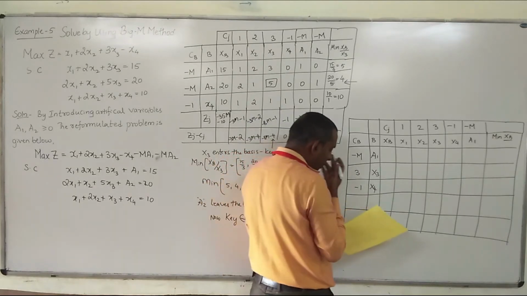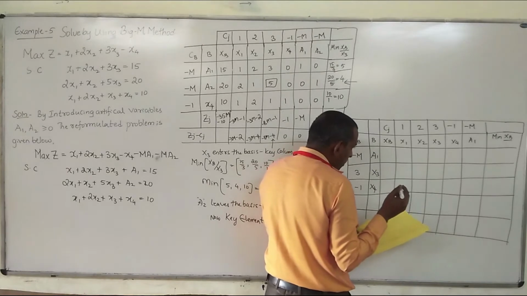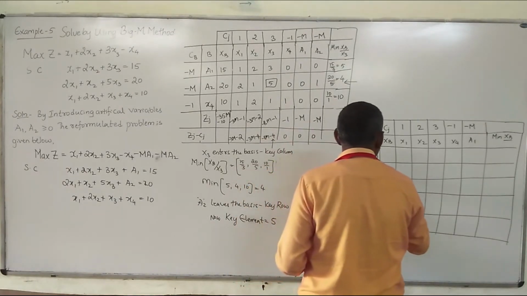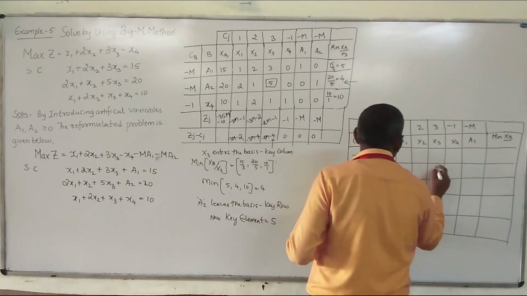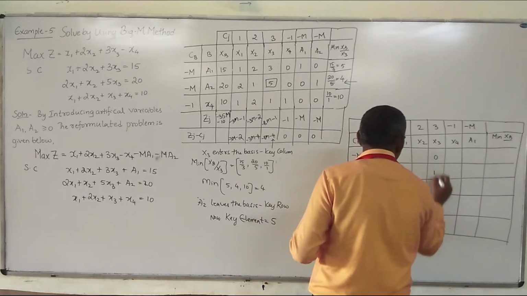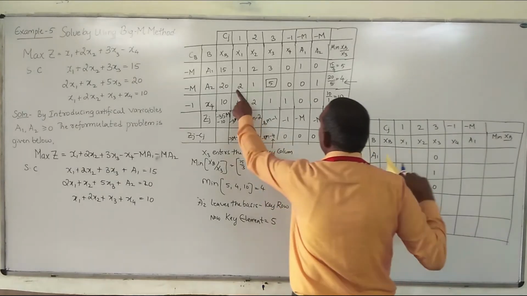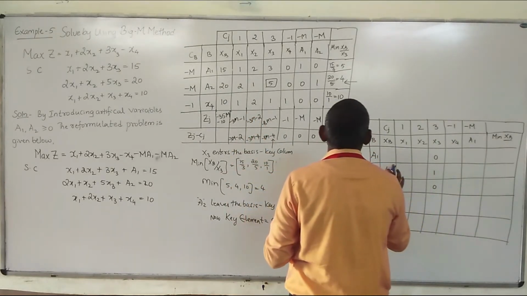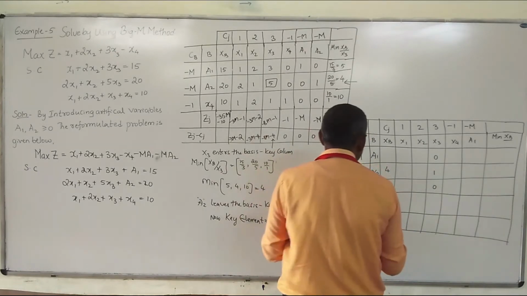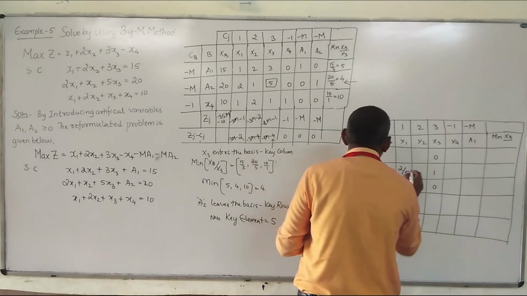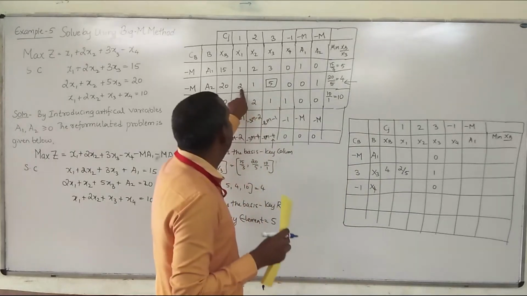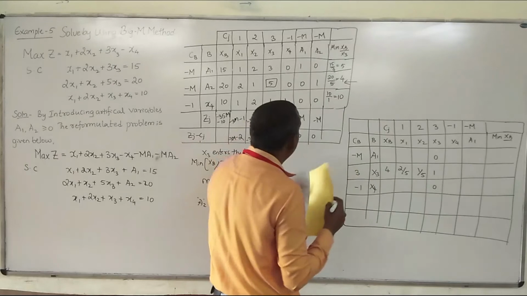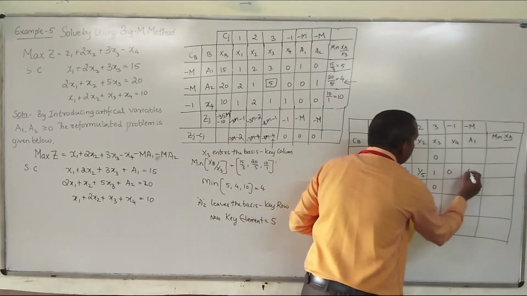The key element is 5, so at X3 it becomes 1, remaining all are 0. Then 20 by 5 is 4, next one is 2 by 5, next is 1 by 5, then 1, 0, 0.